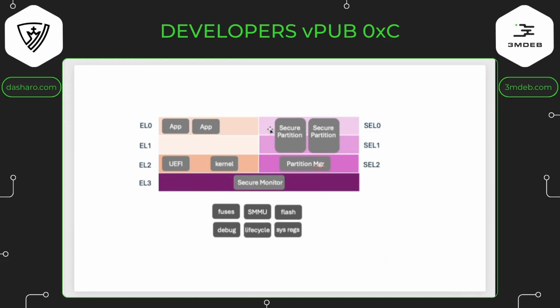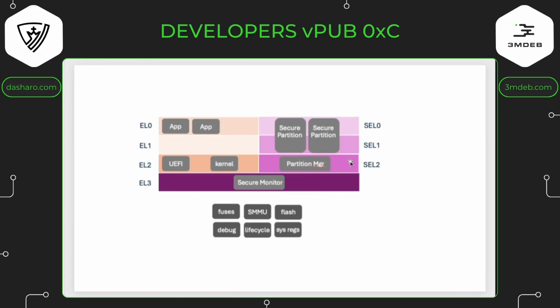Then there's what we call TrustZone, which you can see in the purple-pink boxes, where you can run other secure services. If you have something security sensitive, you want to separate it from your normal application workloads, and you have flexibility to run things over there.